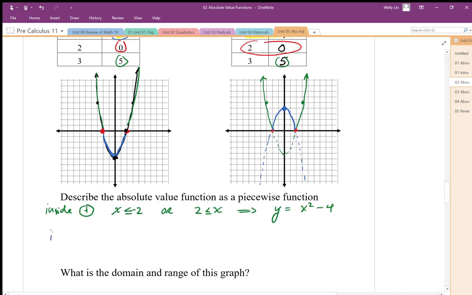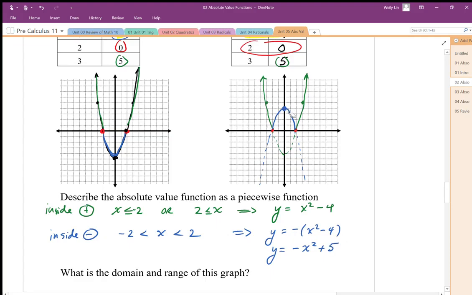What about when the inside is negative? Well, that's going to happen between here and here, between -2 and +2. So what's going to happen then? What does the absolute value do? It changes the negative version of x squared minus 4 and makes it positive by applying the negative. And when I rewrite this, we have a negative parabola with a y-intercept or vertex at +4.